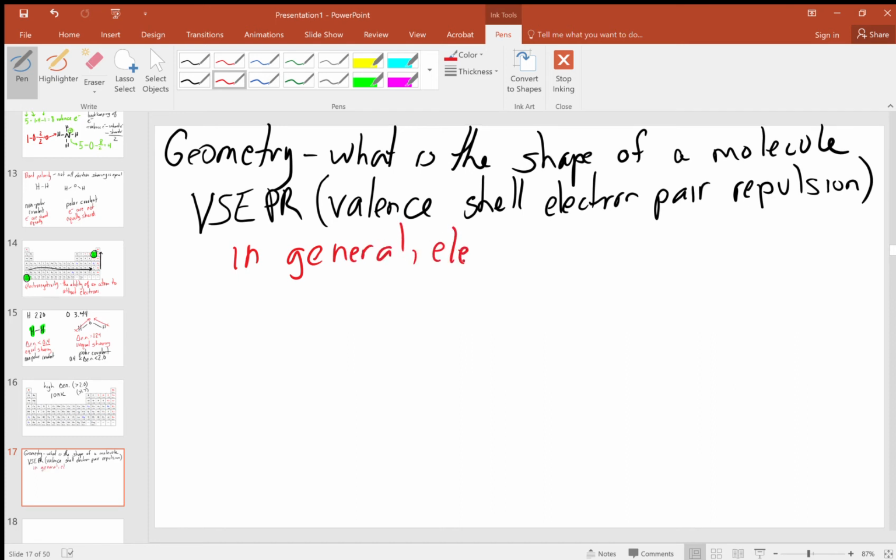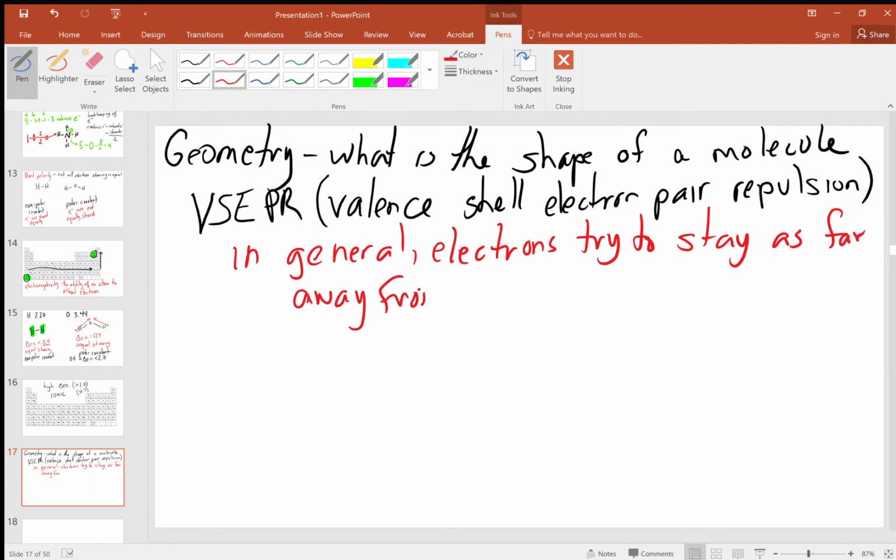And so electrons try to stay as far away from each other as possible. The electrons do not want to be near each other at all.